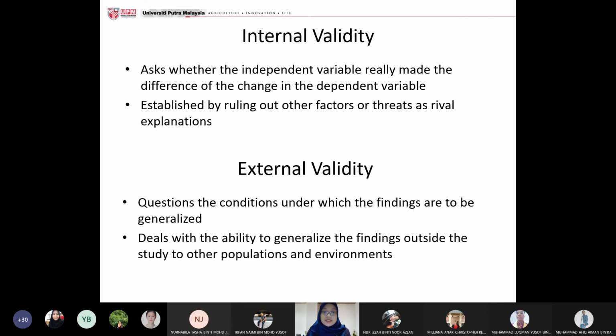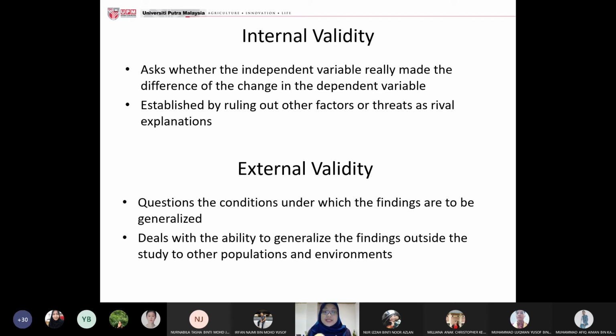Okay, when you say internal, it's basically on the research itself. So you have your independent variable, you have your dependent variable. So are you sure that the independent variable, the thing that you change, that you manipulated, is the only thing that affects the dependent variable? Okay, and through quantitative study, you can actually quantify this.